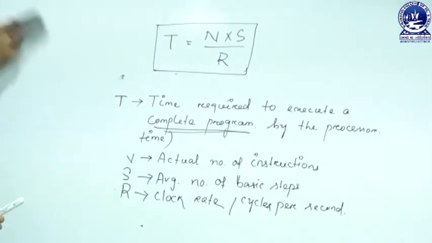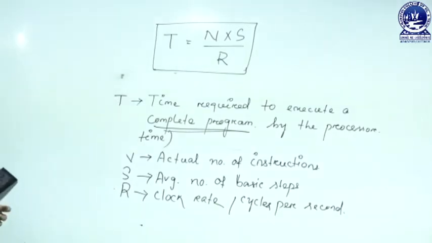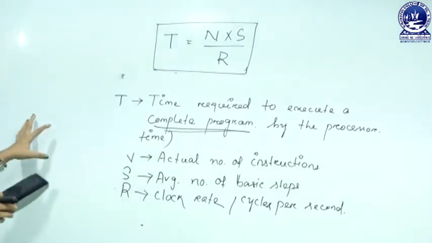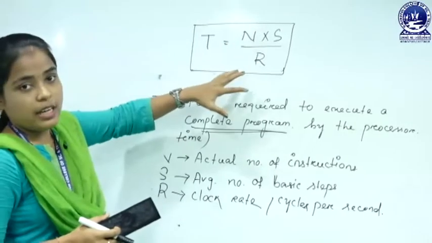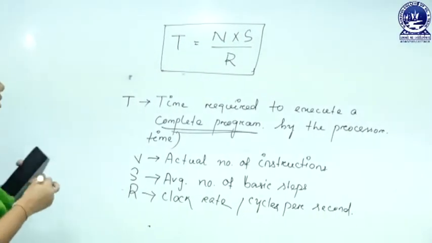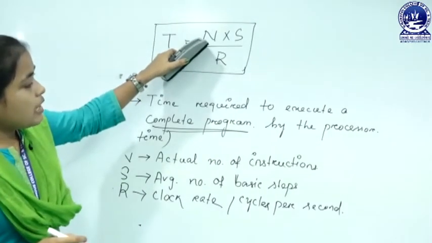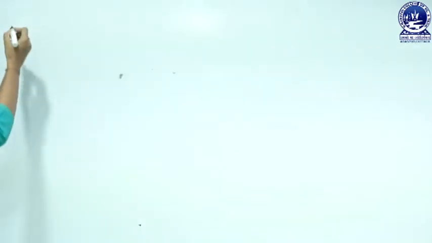So, in computer organization we have to design a processor so that the T value will be minimum, but actually it is not possible in every case. Sometimes we have to manipulate these values. Okay. So, let us see some methods by which we can decrease the value of N and S and increase the value of R. So, what is the equation?